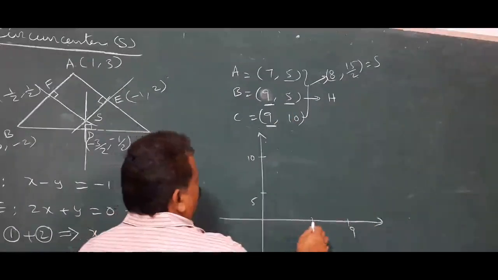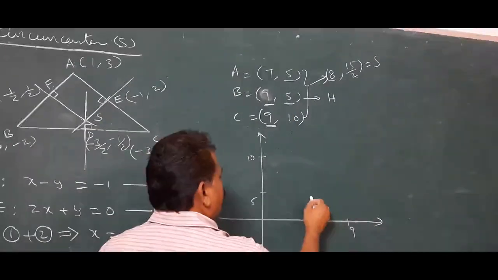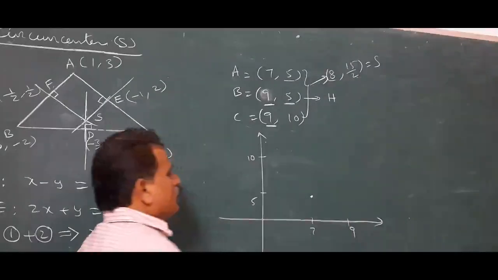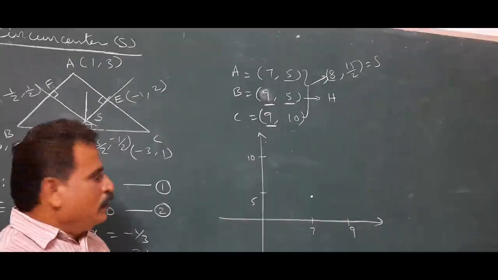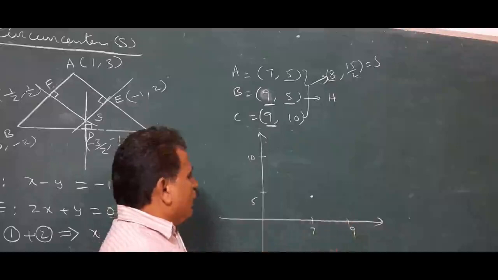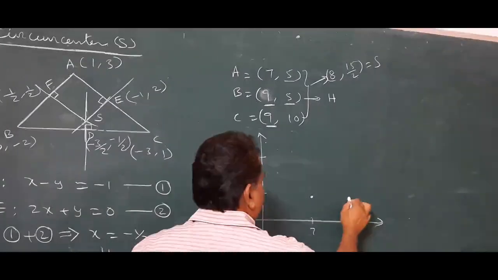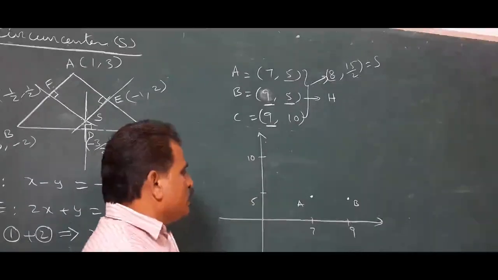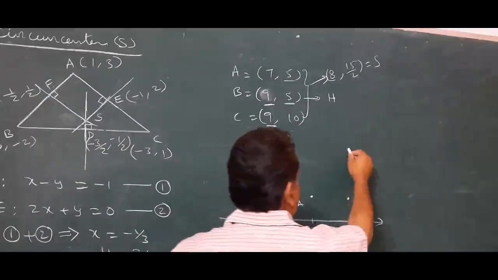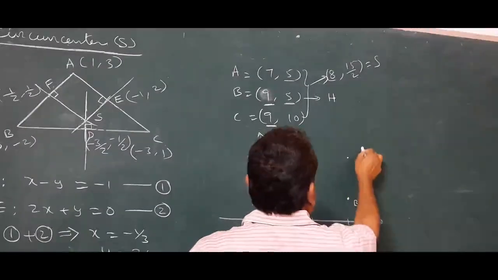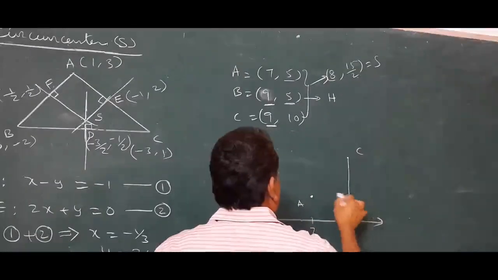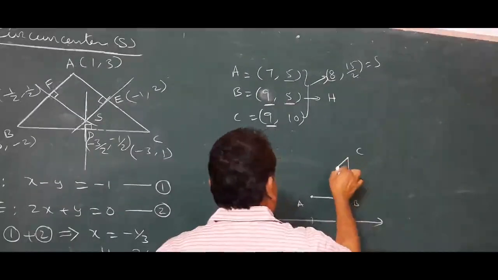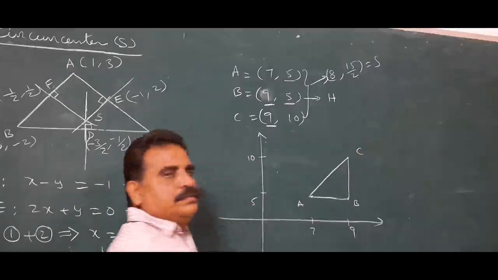Look here, 7, 5, this point is A. Next, 9, 5, this is B. Next, 9, 10, that is C. A, B, C is a right angle triangle.